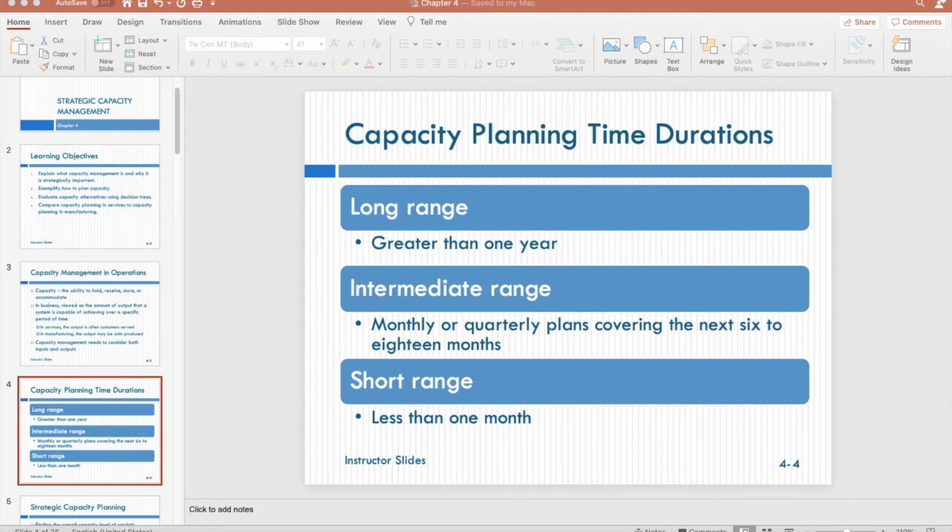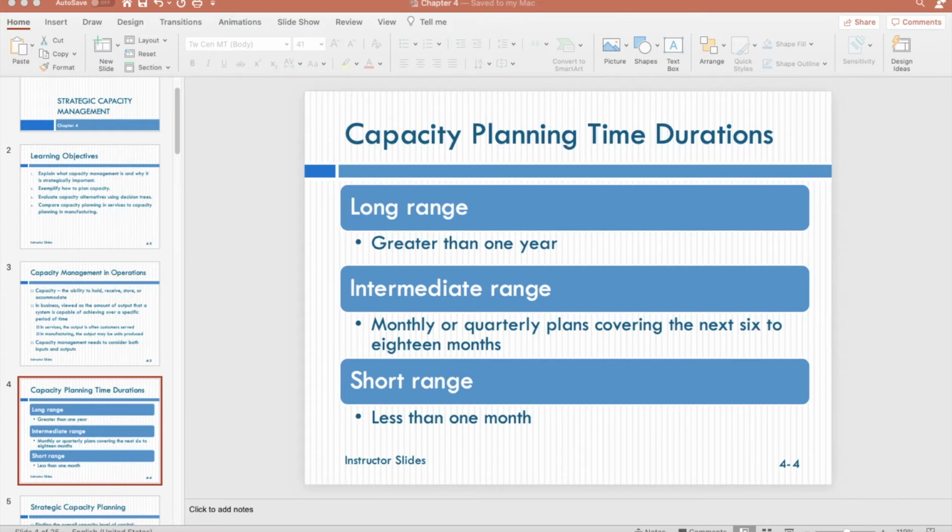Besides daily, let's say you are talking about weekly capacity planning or even monthly, say 3 weeks or 4 weeks capacity planning. Normally, we will view those types of capacity planning as short range capacity planning.